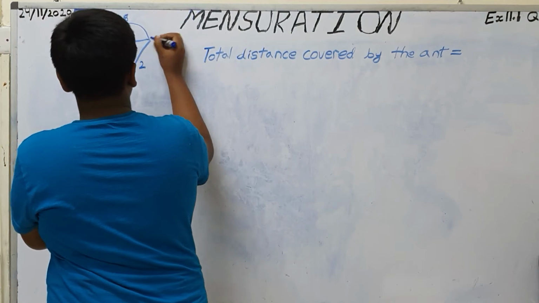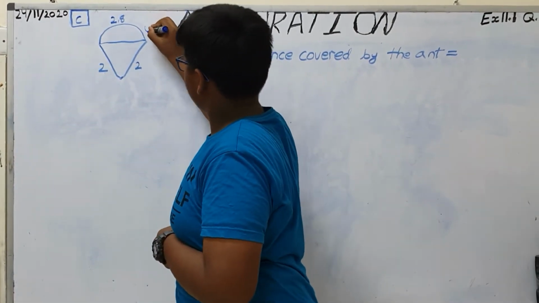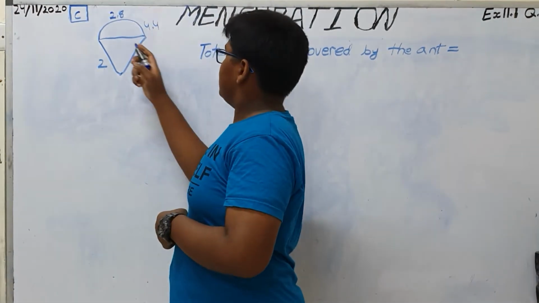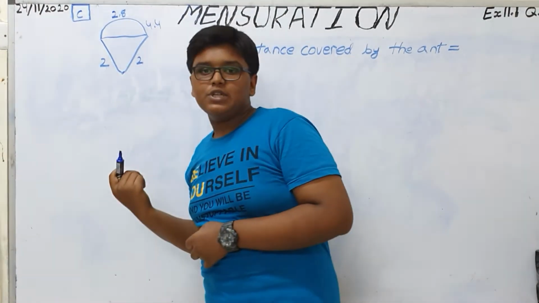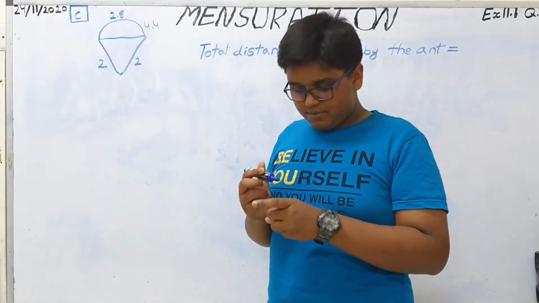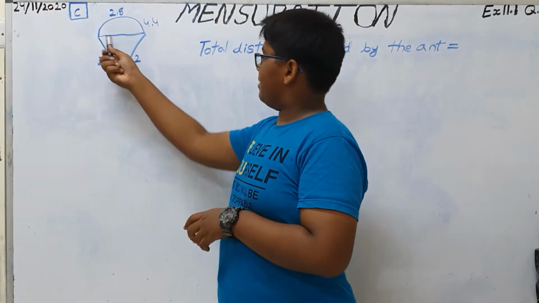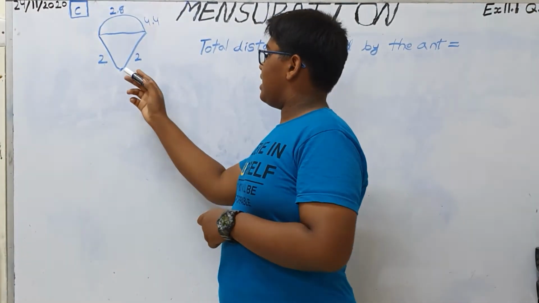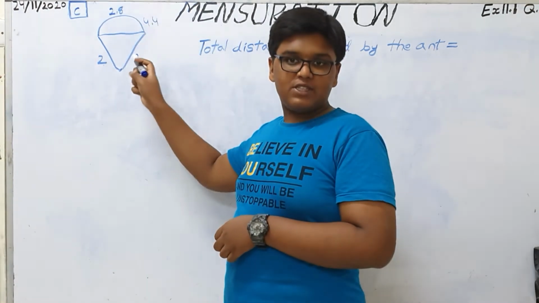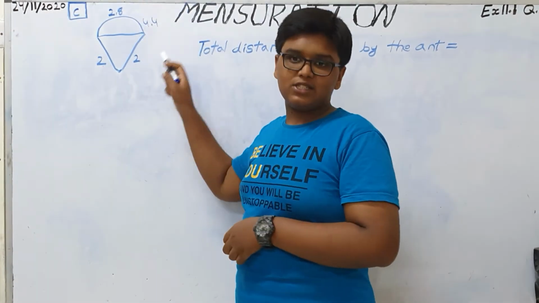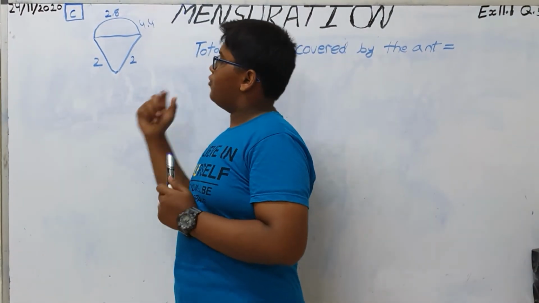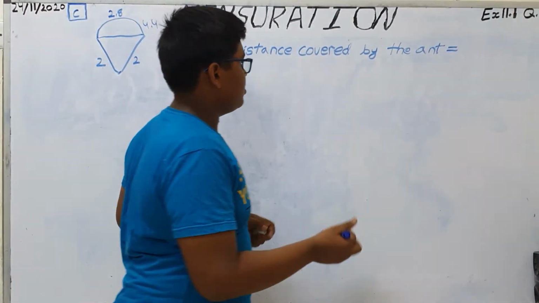So 4.4 is the circumference, the perimeter. Now what we have to do is add only these three. Why not 2.8? Because 2.8 is the diameter, and the ant doesn't go along the diameter. It actually travels the borders, not the interior part of the shape. So 4.4 plus 2 plus 2.